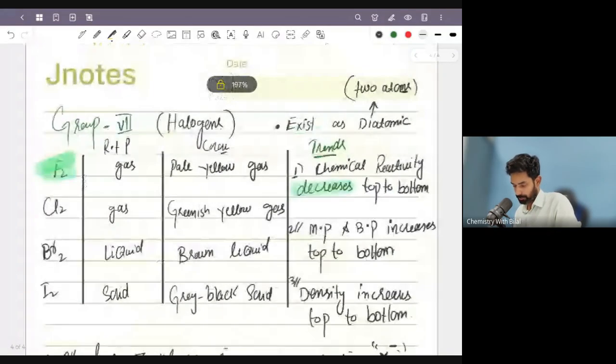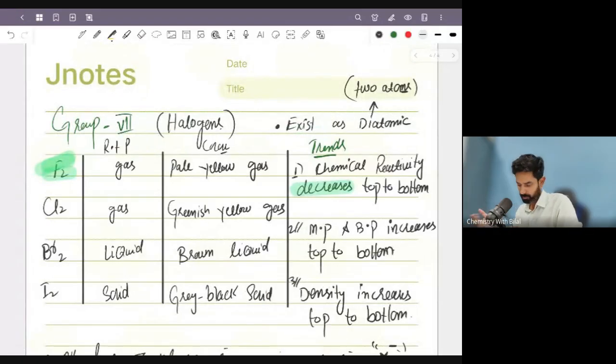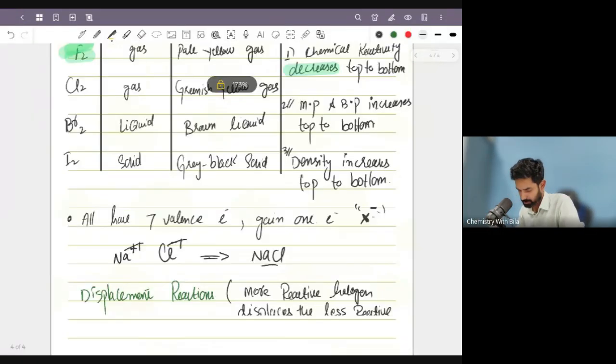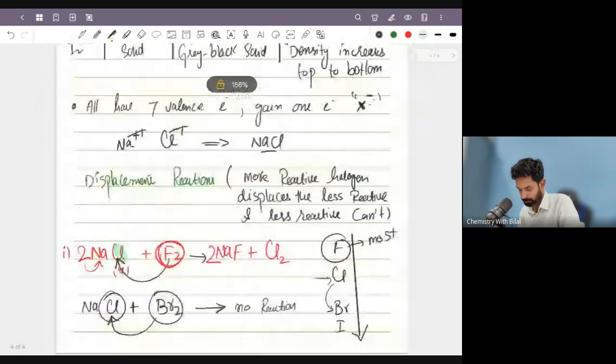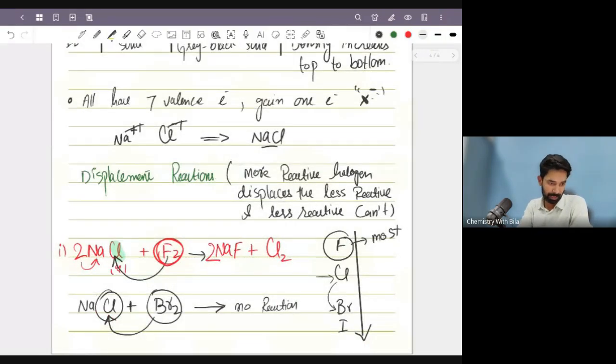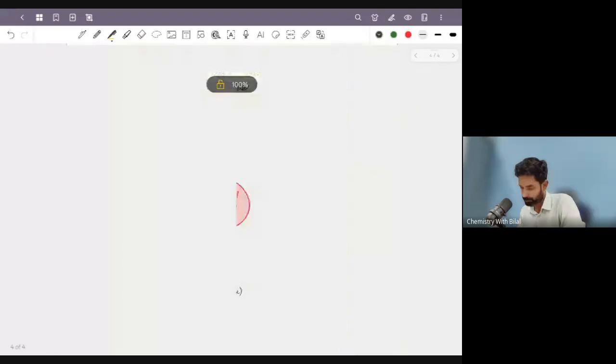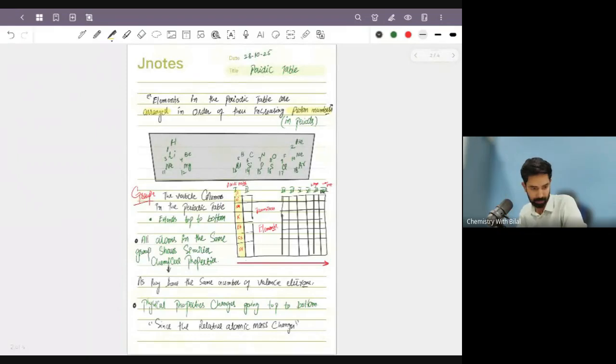So group 7 में बेटा हमने halogens पढ़ा है. They are diatomic. उनके colors, उनकी appearances, their features, and the much important displacement reaction. So today we started with the periodic table, and inshallah we will complete it by tomorrow.